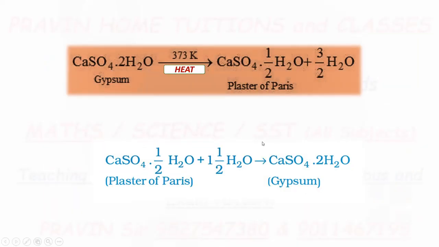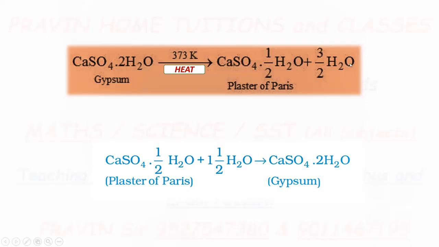Now see the reaction. CaSO4 2H2O, gypsum, when heated at 373 Kelvin, gives CaSO4 half H2O. This compound is called plaster of Paris, and 3 by 2 water molecules are removed from the CaSO4 2H2O, that is from the gypsum, by heating.